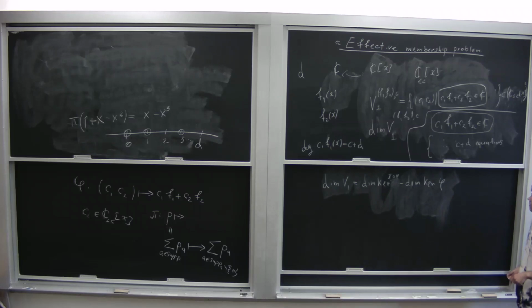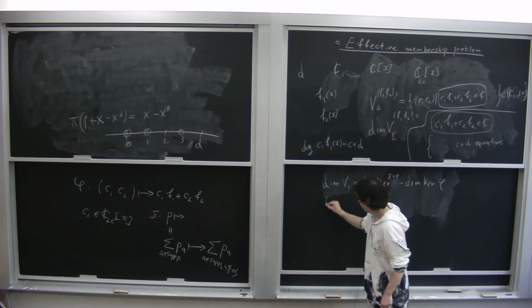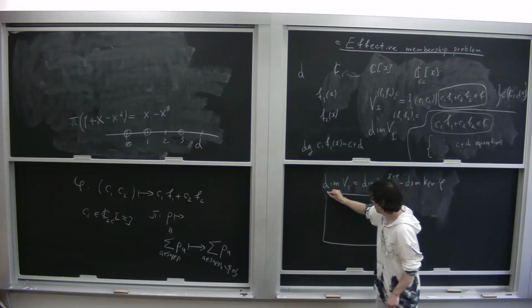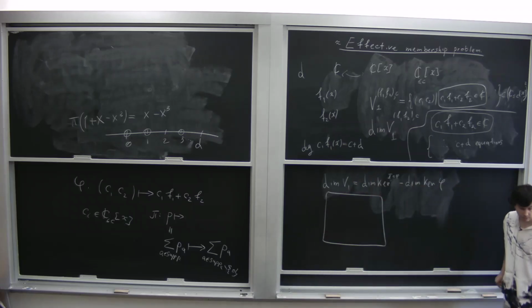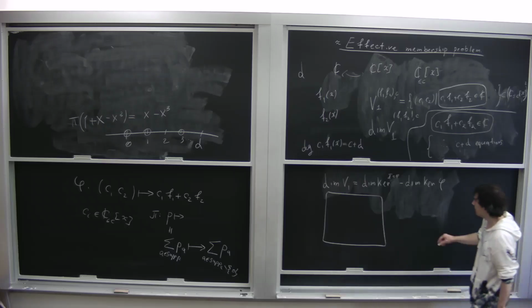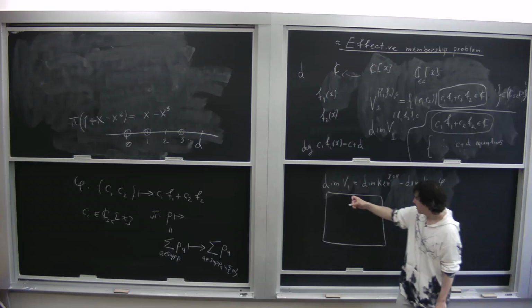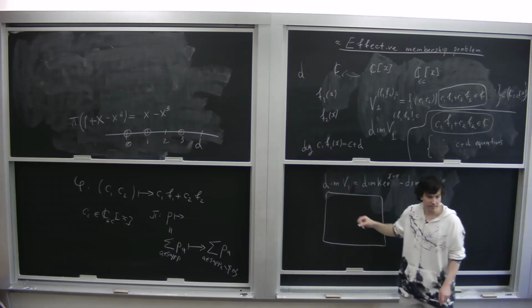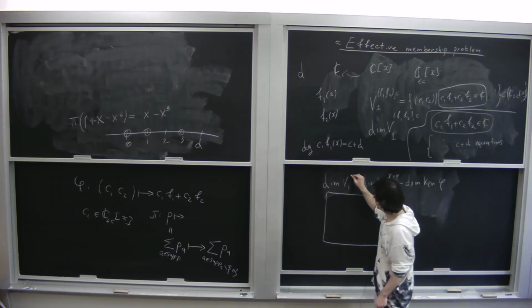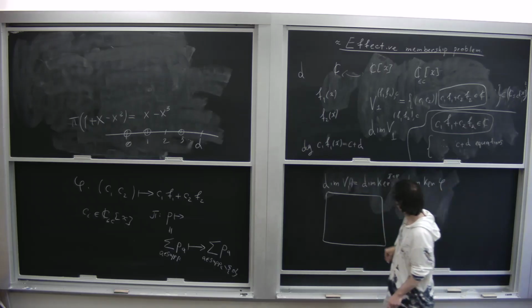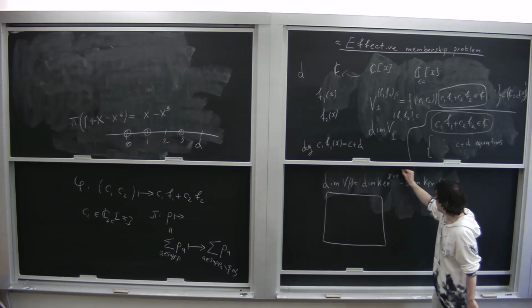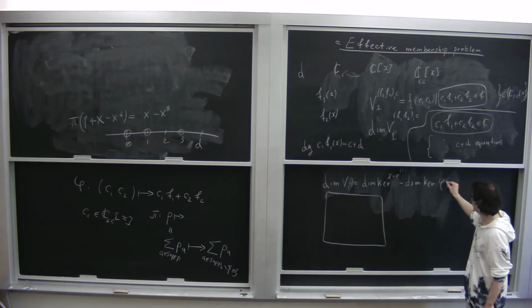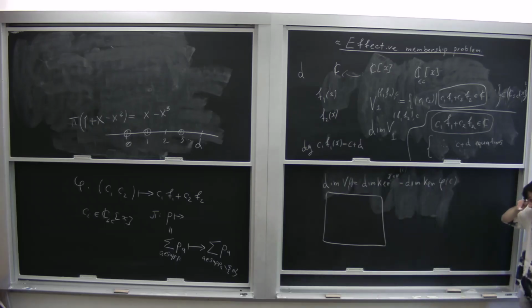What we are going to do is just express what's happening right now as a system of linear equations. So let us first emphasize that this value is depending on C. So let's add C here, and C here.